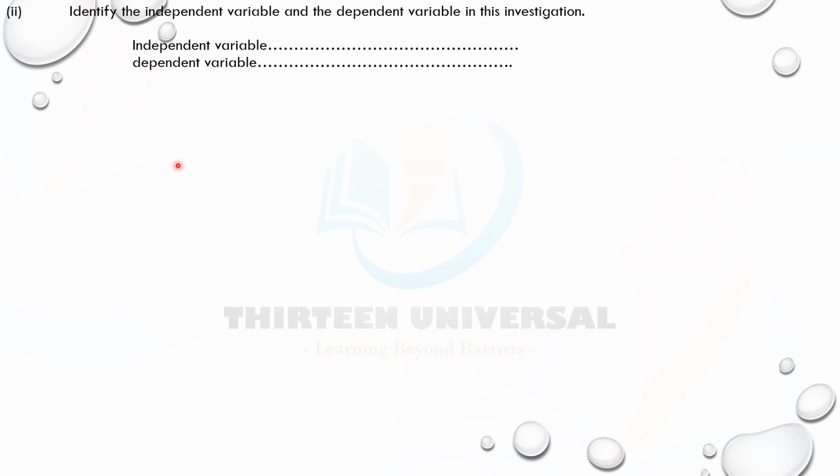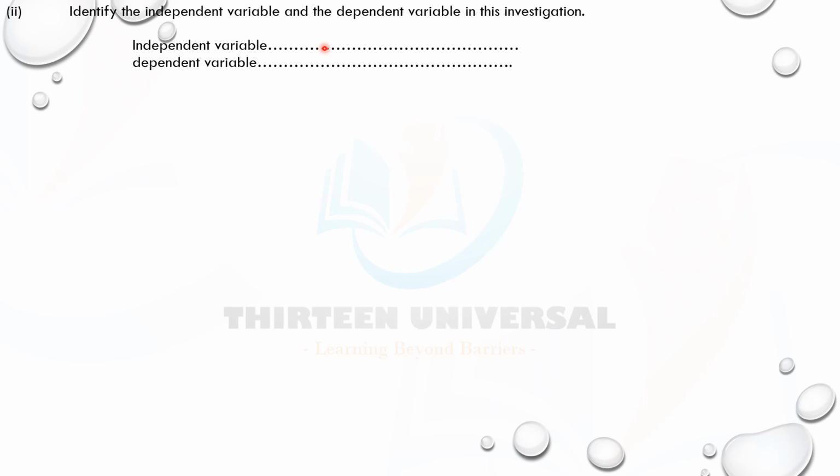Identify the independent variable and the dependent variable in this investigation. So what is the independent variable, guys? What are we changing? The independent variable is what they're changing, which is the concentration of catechol.